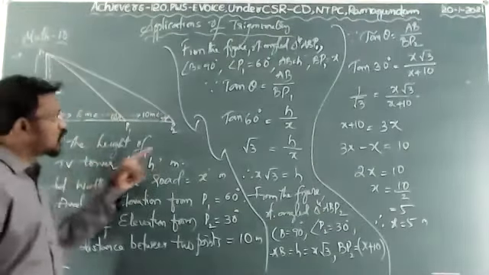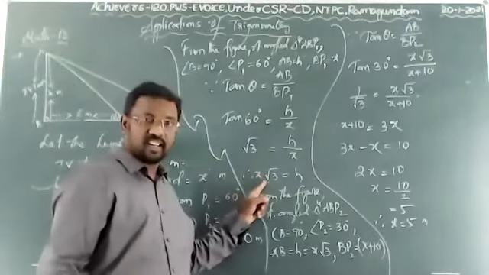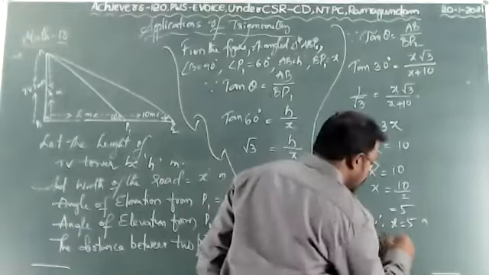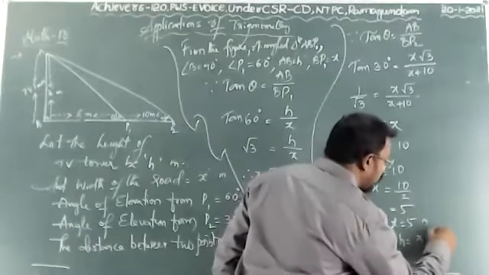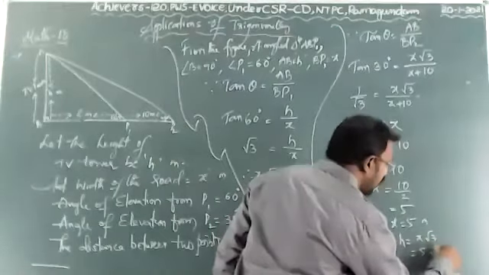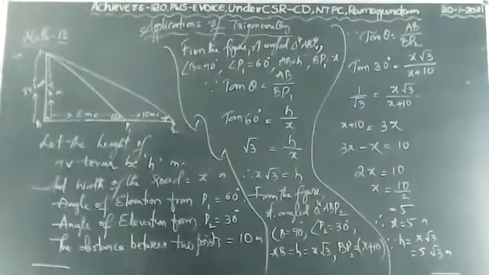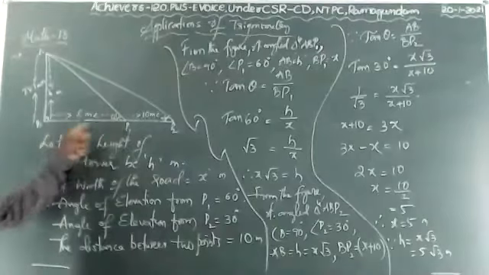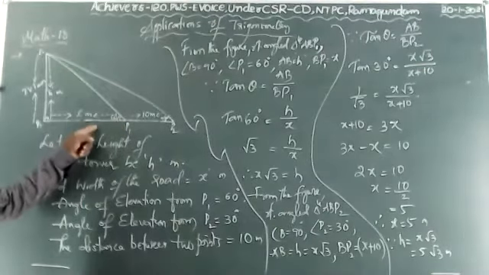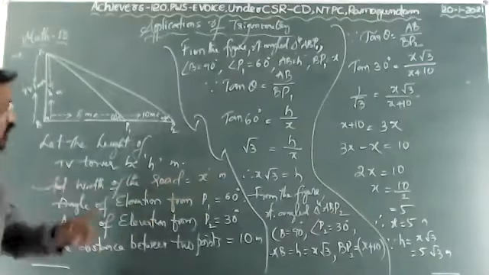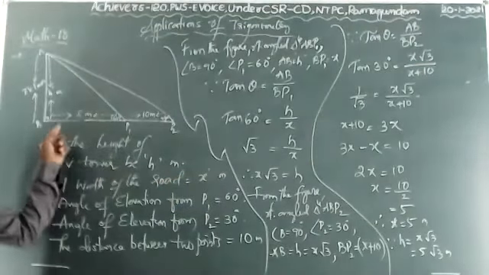This x value substitute here. H is equal to what? Since H is equal to x root 3, nothing but 5 root 3 meters. The width of the road is x, that is 5 meters.